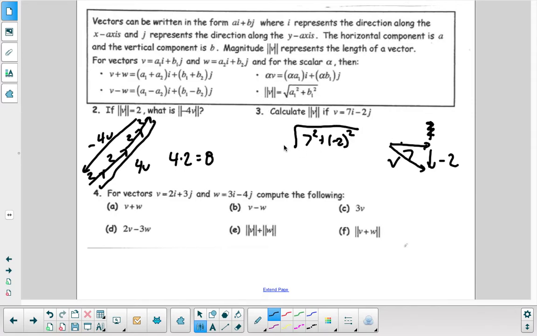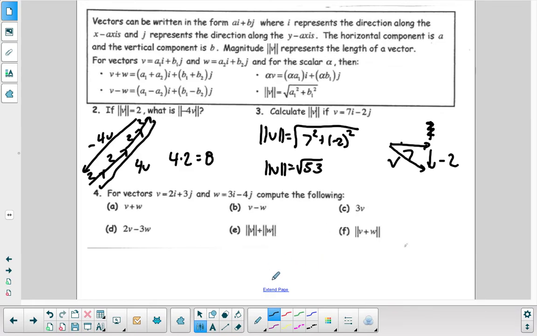It's all written here, but if you didn't want to have to memorize that, it's Pythagorean theorem essentially, just using your i and j coefficients. 49 plus 4 is 53, so the magnitude of this vector is the square root of 53. Basically just a translation between triangles and vectors. Very similar ideas behind them.